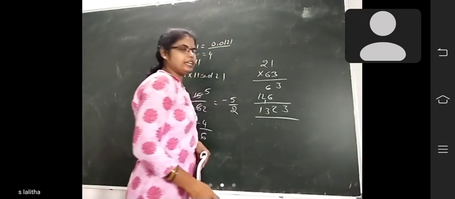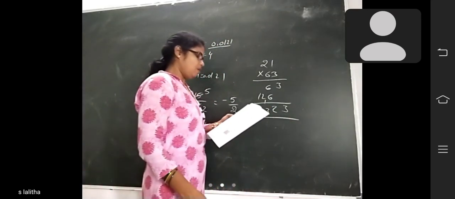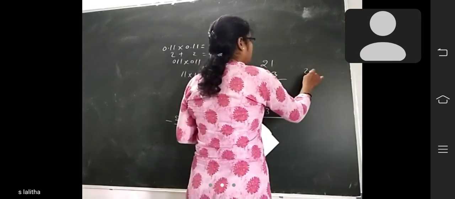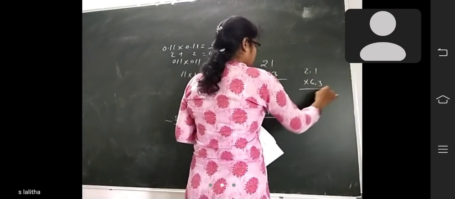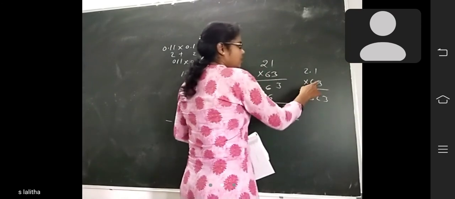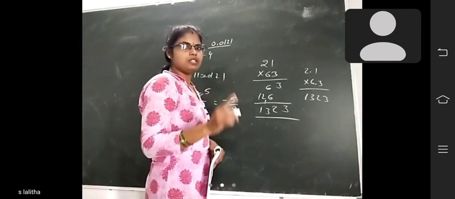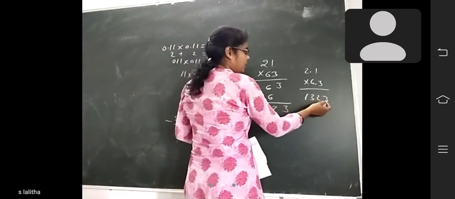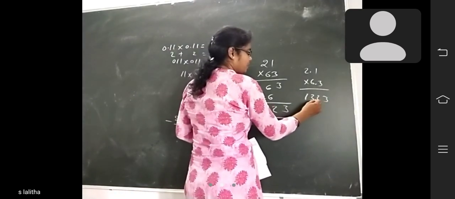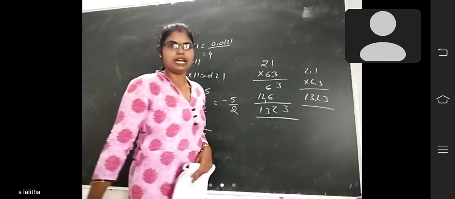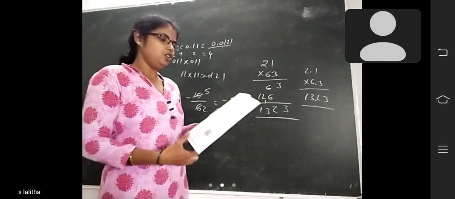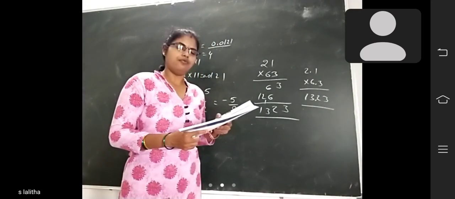So 1323. Okay. Now, you should put the decimal point. 2.1 into 6.3. What is the answer? 1323. Here the decimal point is after 1 digit. Here the decimal point is after 1 digit. That means 1 plus 1, 2. So you should keep the decimal point 2 places in. 13.23 is the answer.